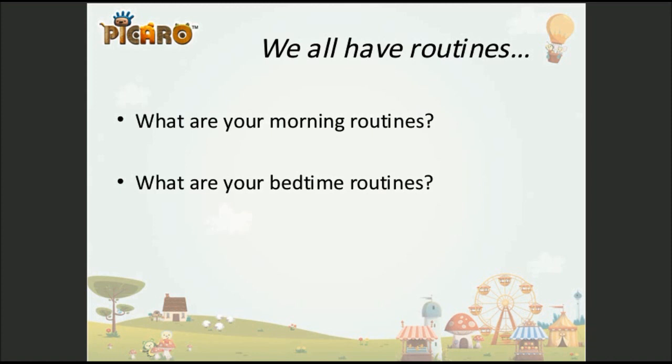So there's a quick discussion topic. I'm going to ask you to either think about it on your own or quickly talk to the person next to you about your morning and bedtime routines and try and see how many things you have in common with the person next to you. That'll be 30, 45 seconds, and we'll come back and round up. There's your first topic.